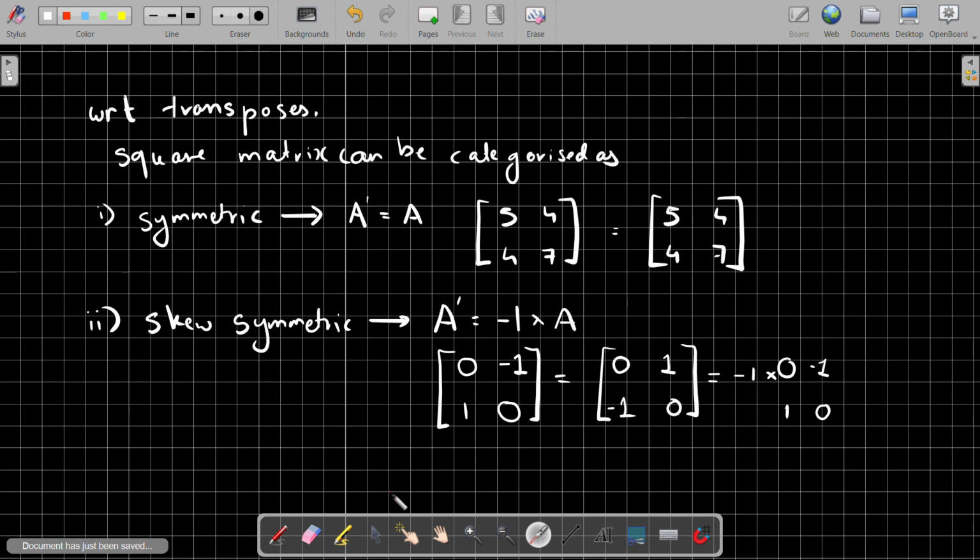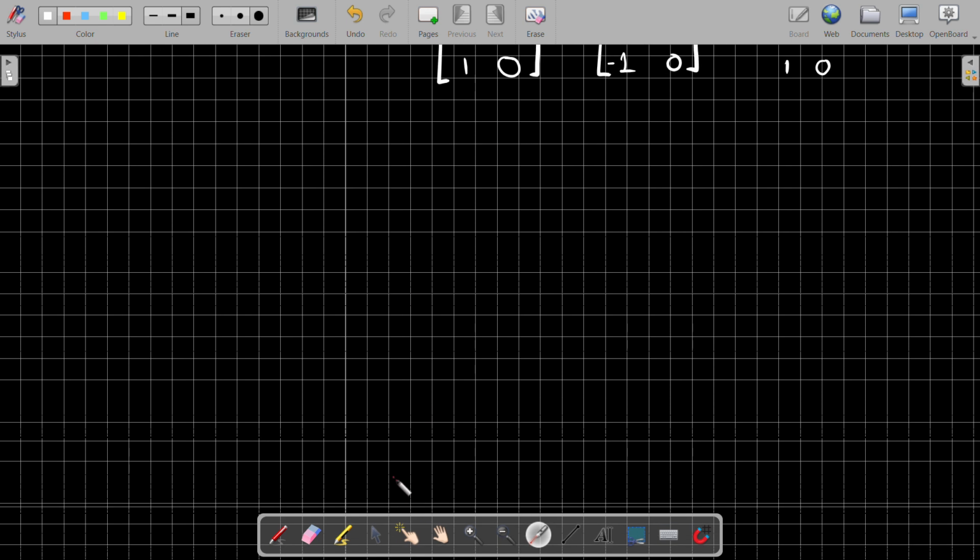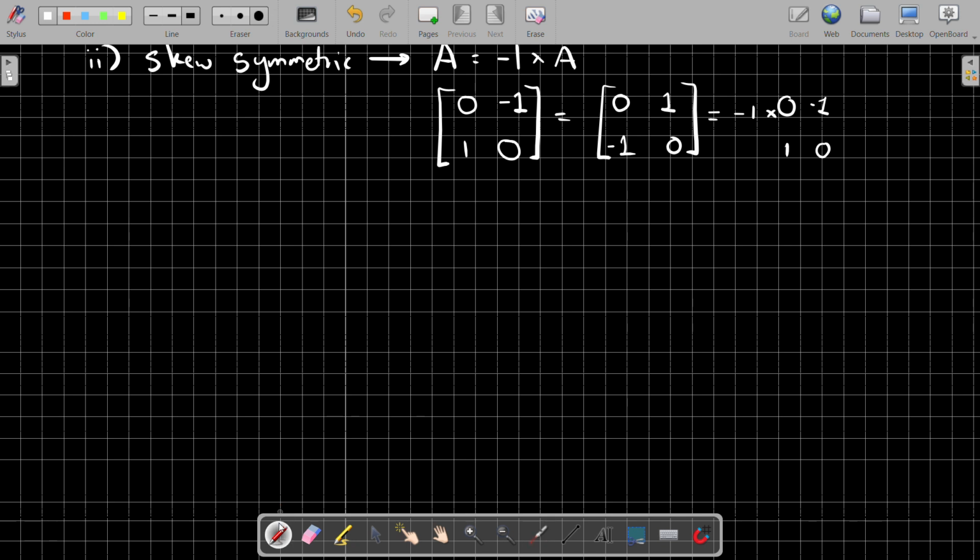Now, another property is this. For any matrix which is square, A plus A transpose will always be symmetric.